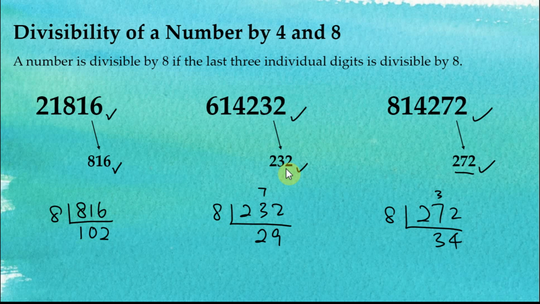So that's how we determine whether a number is divisible by 4 or 8. We check the last two digits or the last three digits. If the last two digits are divisible by 4, then that number is divisible by 4. If the last three digits of a number are divisible by 8, then that number is divisible by 8.